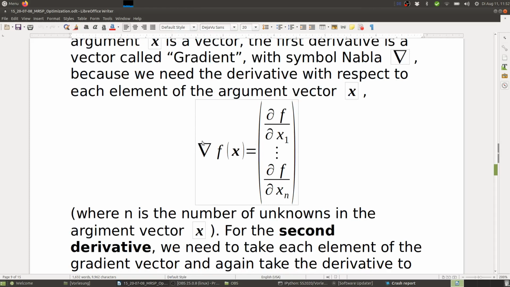So this gradient consists of the derivatives with respect to each of its argument components, x1 up to xn. So n is the number of unknowns here in the argument vector x.